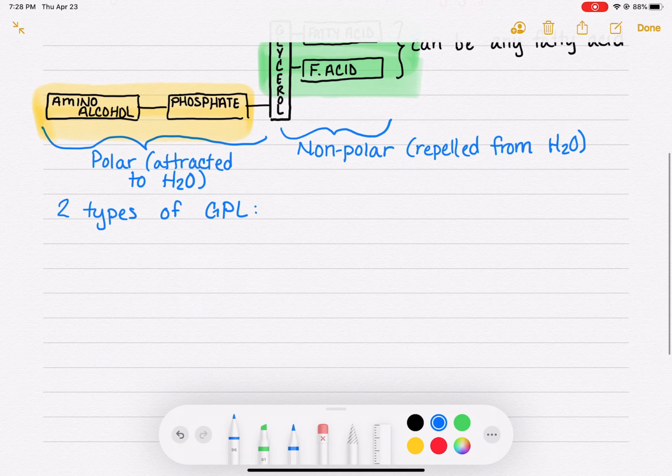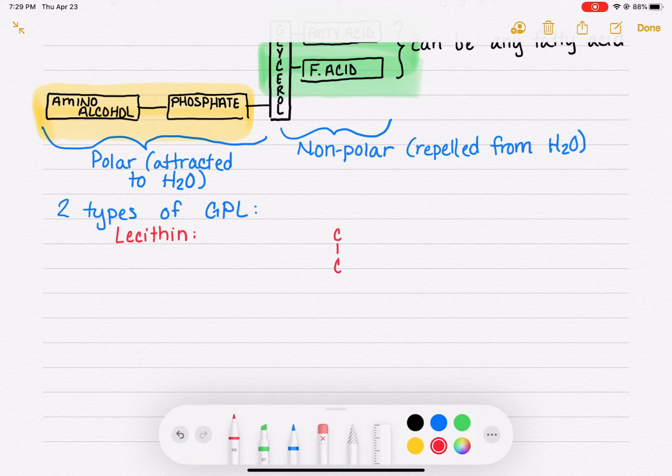And the first of those is lecithin. And the structure of lecithin we're going to draw in its entirety.